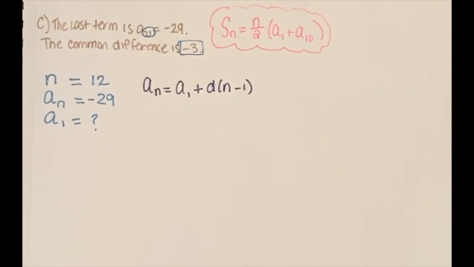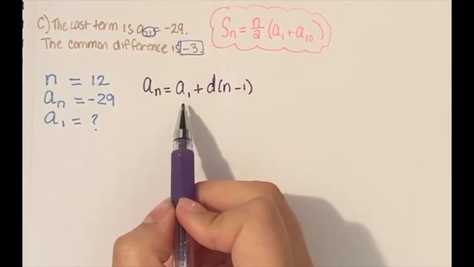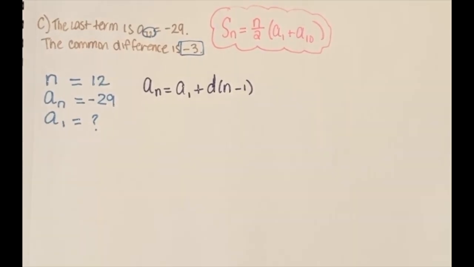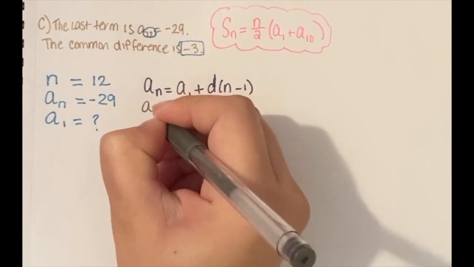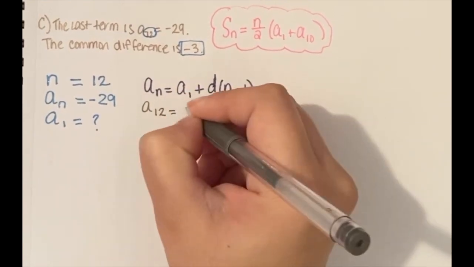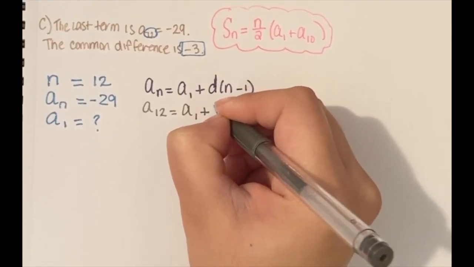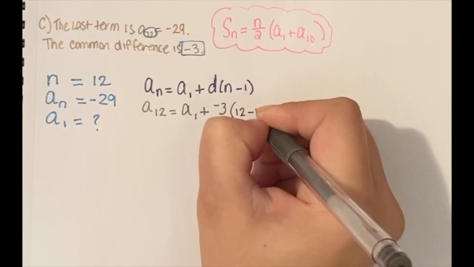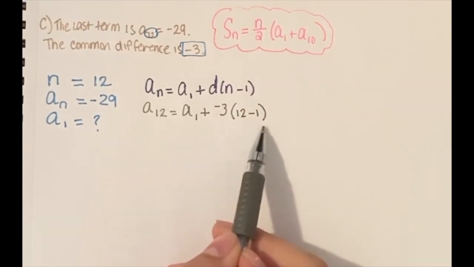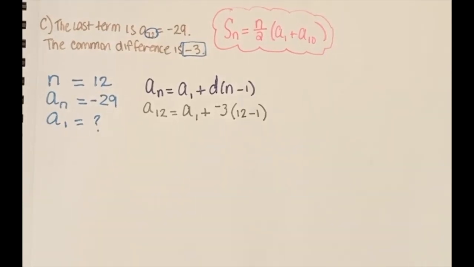So we're going to use this formula to help us find what the first term is by using what we know. We know the 12th term. The 12th term equals the first term plus the common difference, which is negative 3, times the 12 minus 1, because this is all the information for the 12th term, and we're using it to find a sub 1.